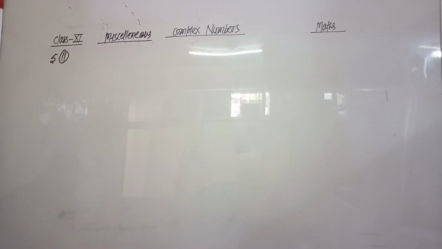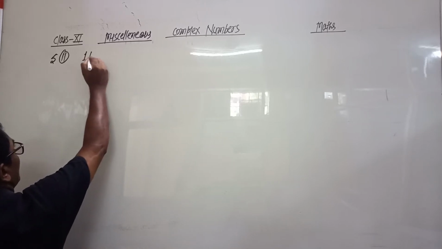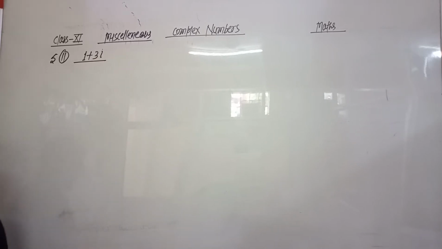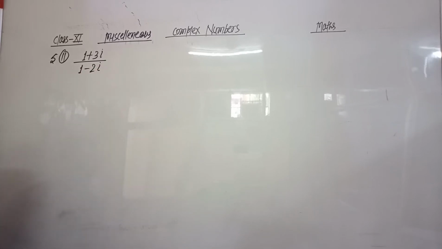We have to convert into polar form, and the question is (1 + 3i) upon (1 − 2i). This expression we have to convert in polar form.